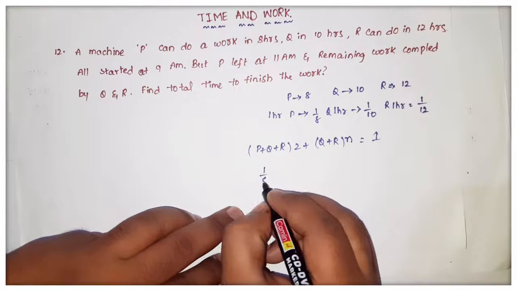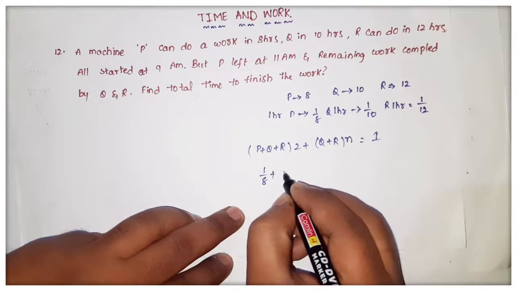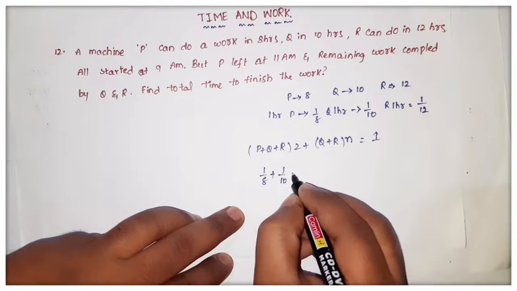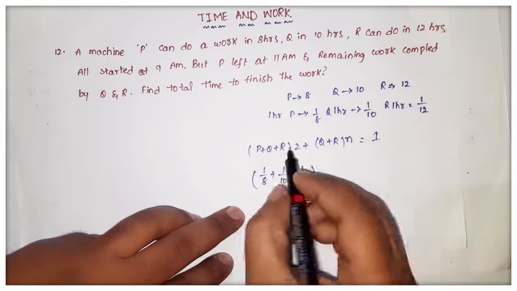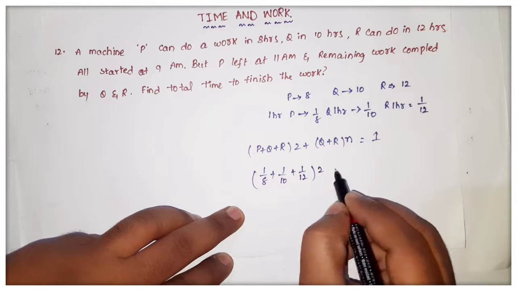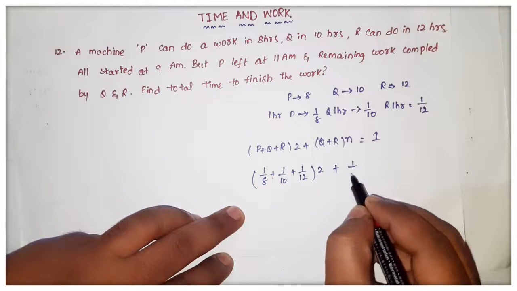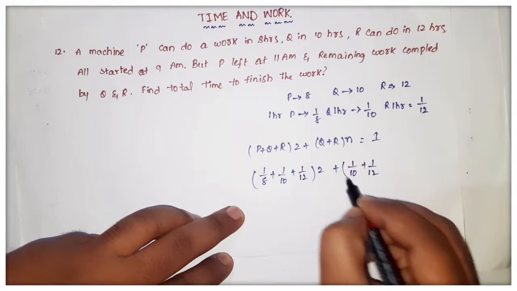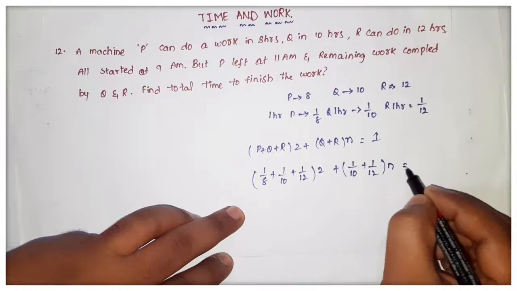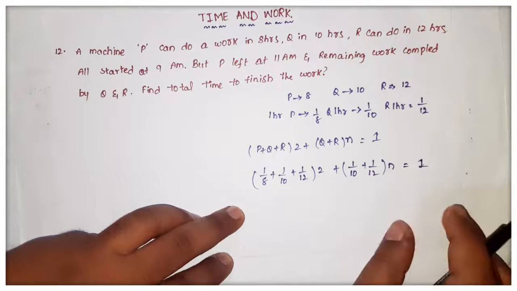So 1 by 8, that is 1 hour work of P, 1 hour work of Q, and 1 hour work of R, into 2 hours they worked together, plus 1 hour work of Q and R, that is 1 by 10 plus 1 by 12, into N, which is equal to the total amount of work.